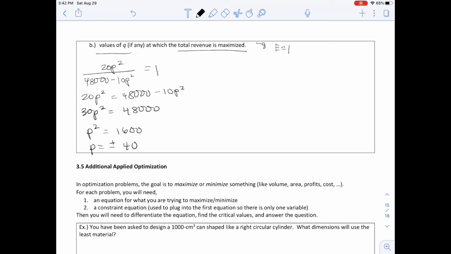And since this is our price, this can't be negative. So I'll put down can't be negative. So that means that our price would be equal to $40, and this is going to give us our max revenue.